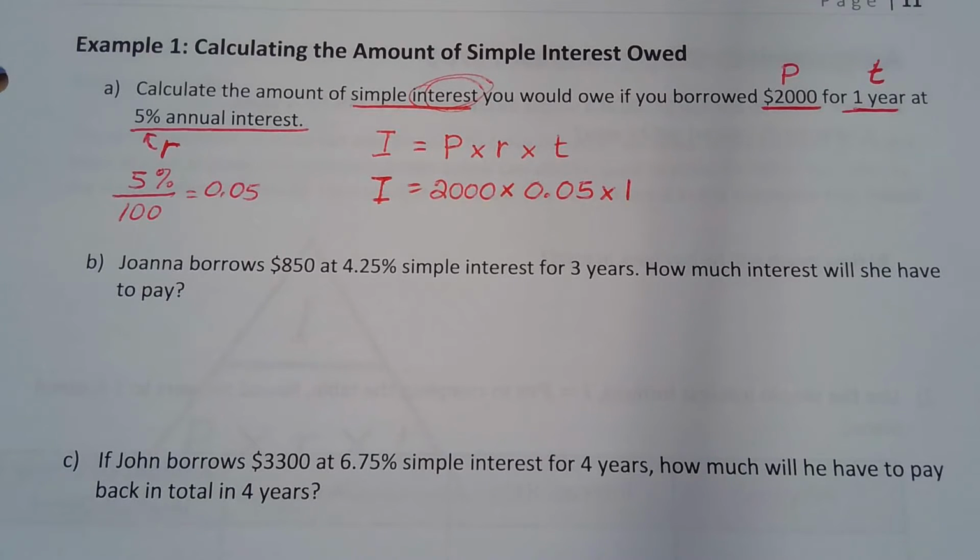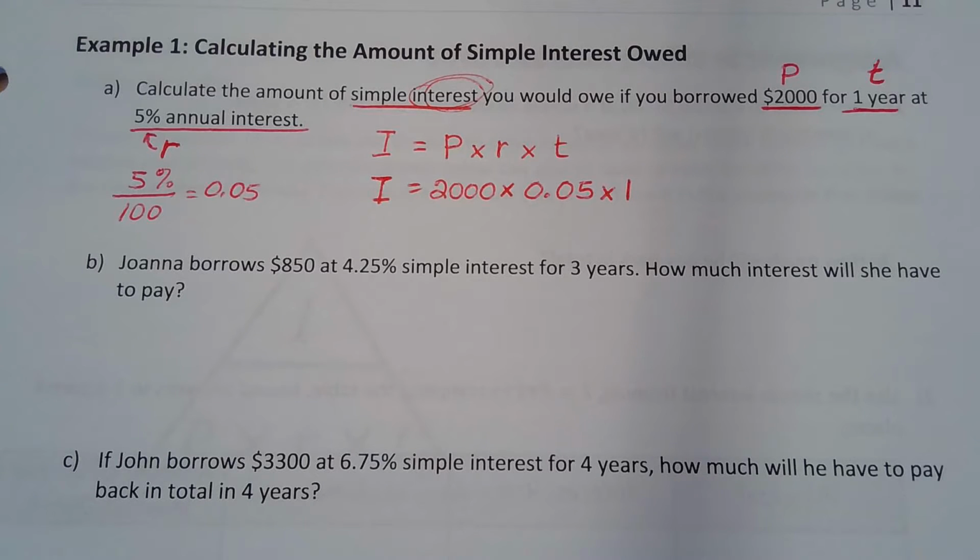Any year, if it says 5 years, you just put 5. Unless it says how many days, or how many months, or how many weeks, we would have to convert it later. We're starting with years for now.